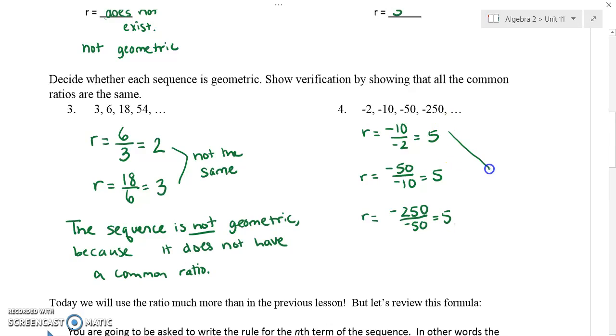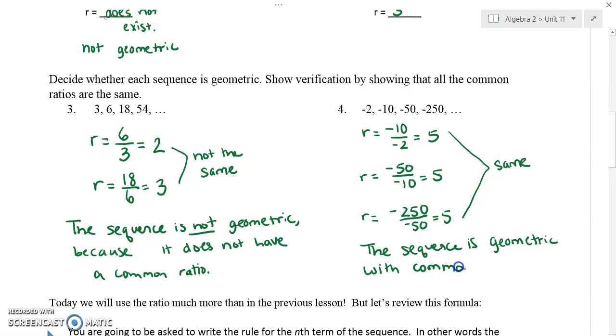Since they are all the same, that means that the sequence is geometric with a common ratio of 5. It means that every number is being multiplied by 5 to get to the next number. So that would be our proof and our statement.